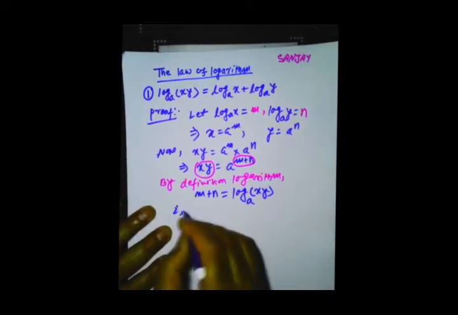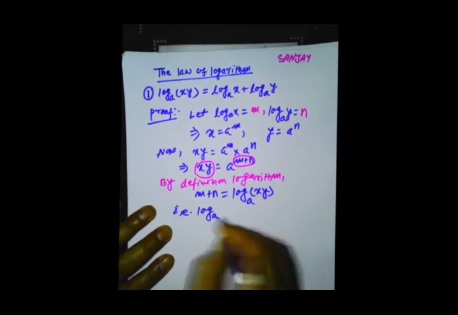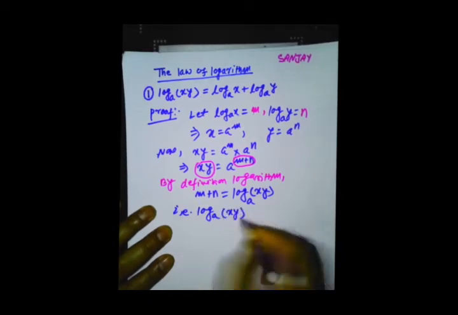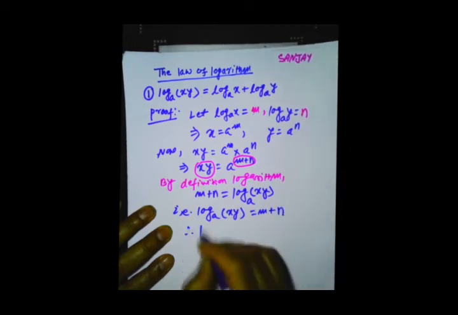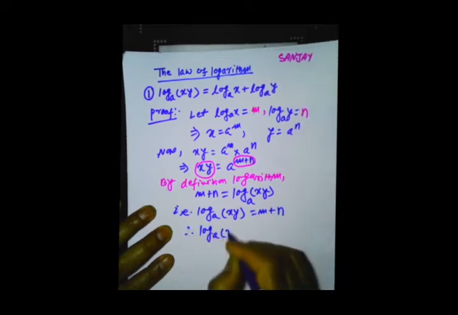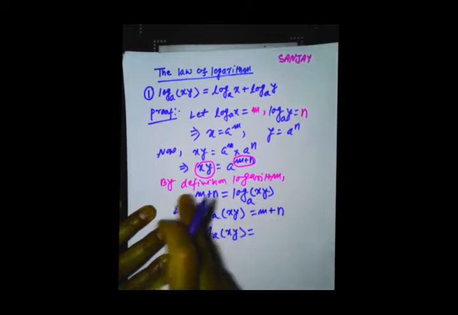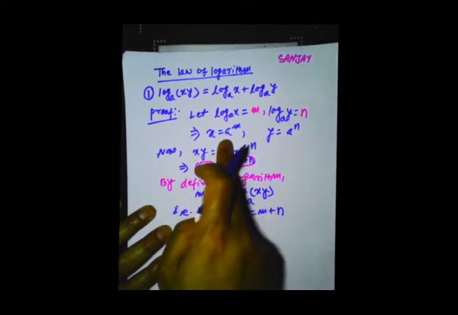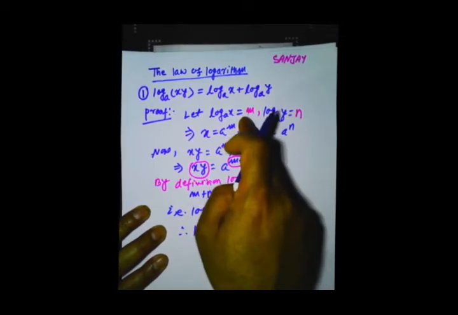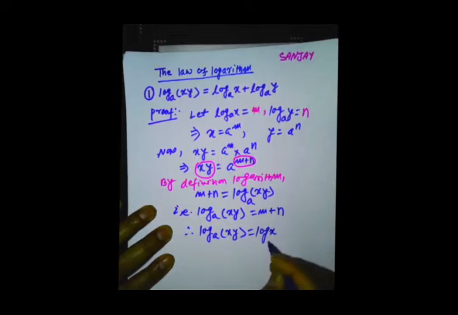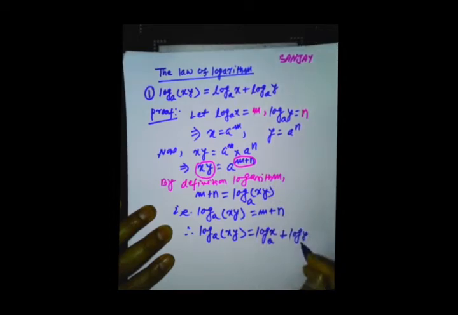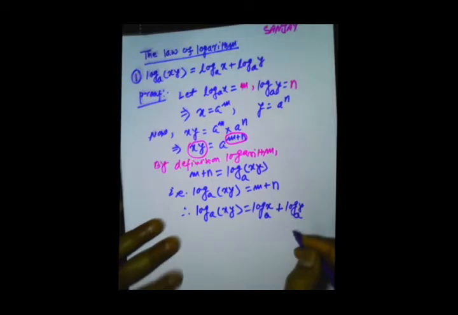That is, log base a xy equals m plus n. Therefore log a xy equals m plus n. Here we supposed m for log x, so we write log x to base a in place of m, and in place of n we write log y to base a, and in this way it is proved.